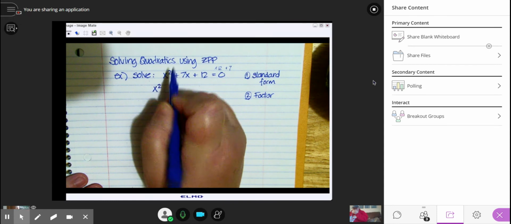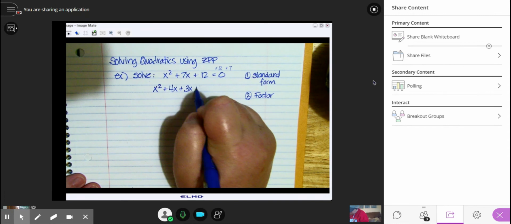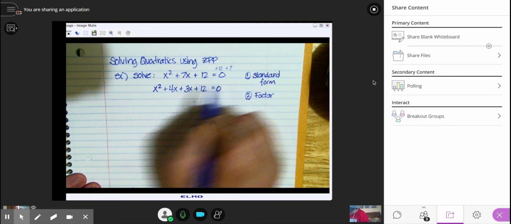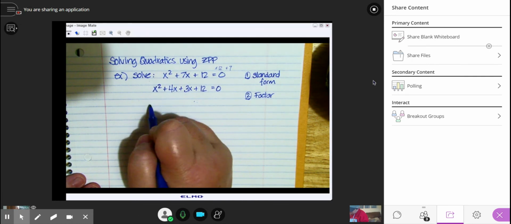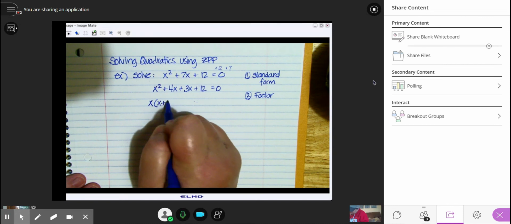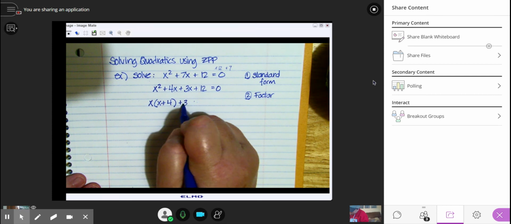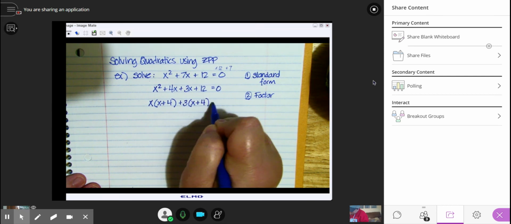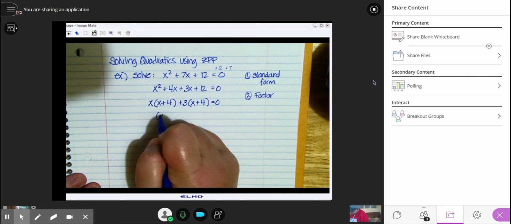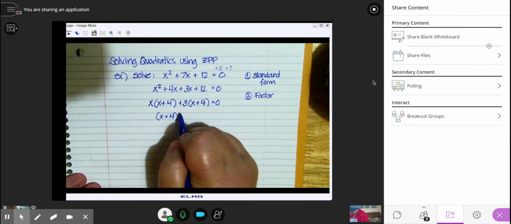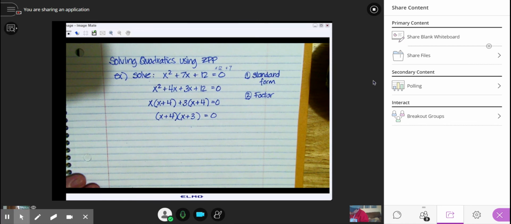So I'm going to rewrite this as x squared plus 4x plus 3x plus 12 is equal to 0. I'm going to look at the first two terms and pull out an x, and the second two terms and pull out a 3. That x plus 4 factor can get pulled out front, leaving me x plus 3, equal to 0.